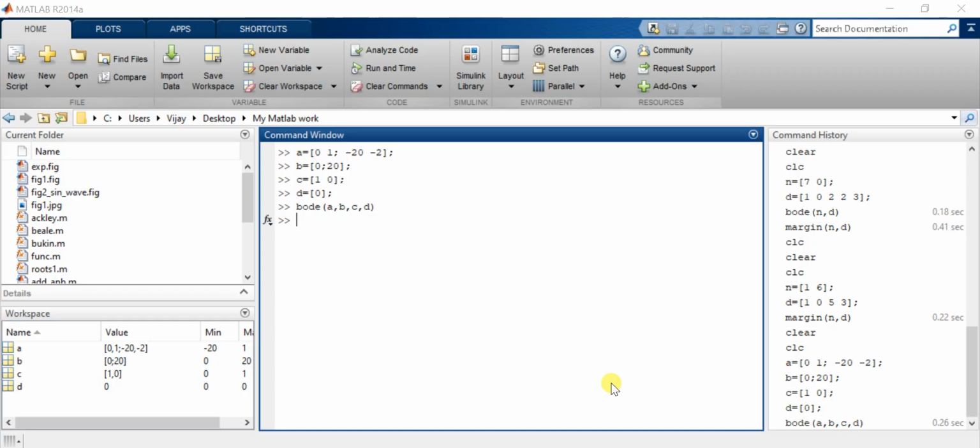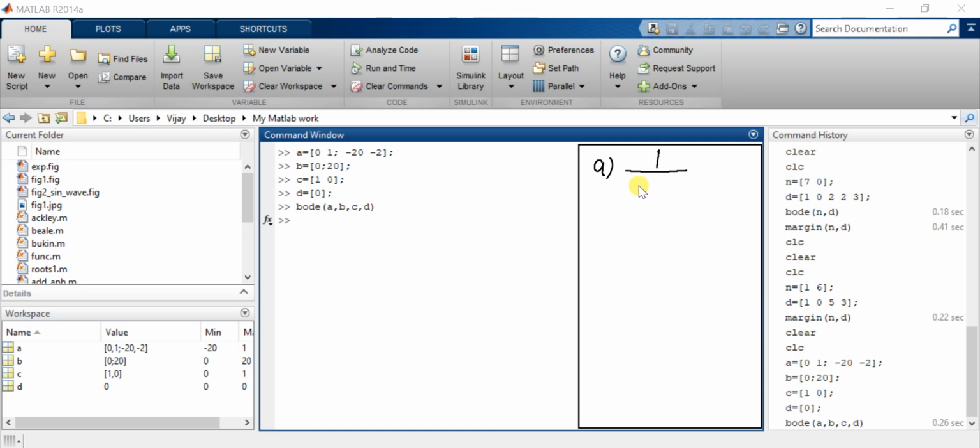Let's take three examples. The first example, A, is the Nyquist plot of 1 upon s square plus s plus 1.